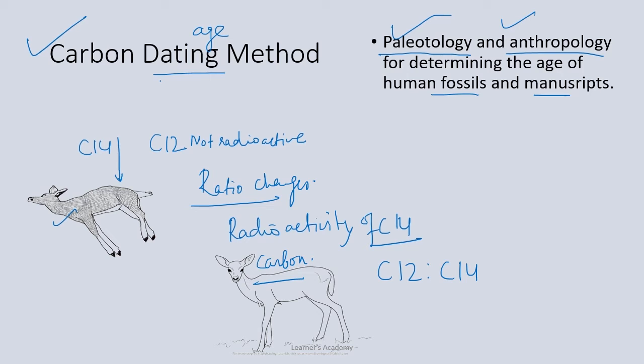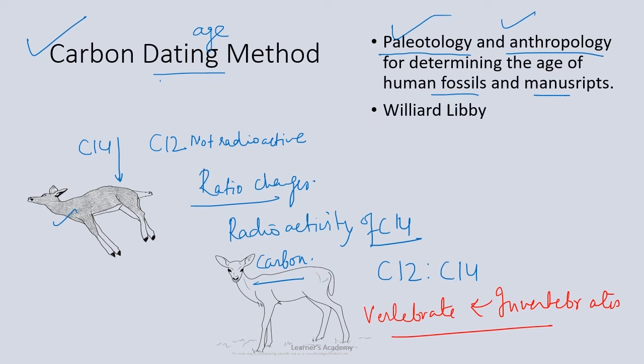It also helps us in understanding that vertebrates have slowly originated from invertebrates. This method was first developed by Willard Libby, and he was awarded the Nobel Prize for this in 1960, and this method was published in the journal Radiocarbon.